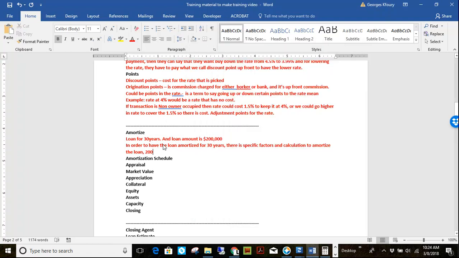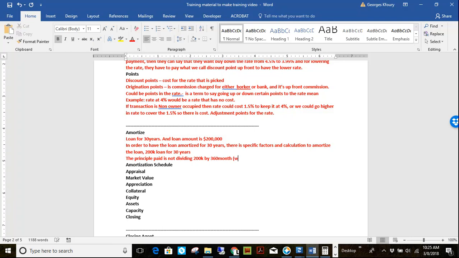Say we have a $200,000 loan for 30 years, the principal paid is not dividing the 200K by 360 months. Those are the wrong numbers.